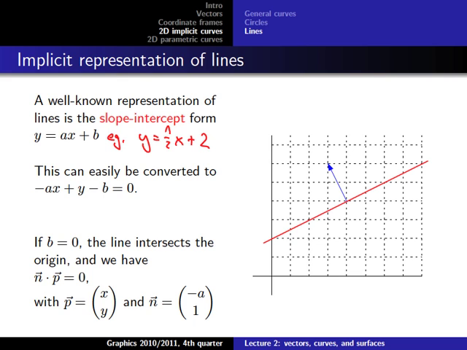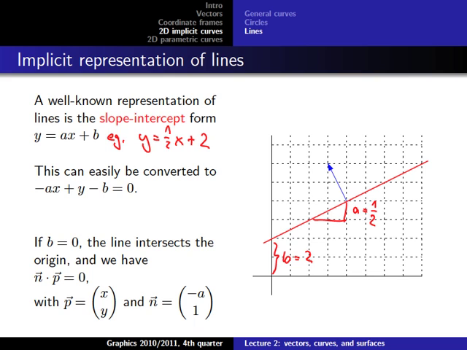So here the slope a is 1/2, which gives the slope of the line, and the intercept is basically this value b here. B is 2 in our case, and this is the intersection with the y-axis.